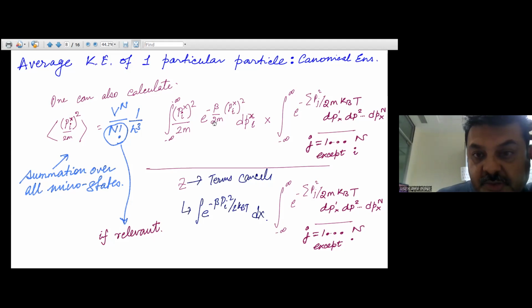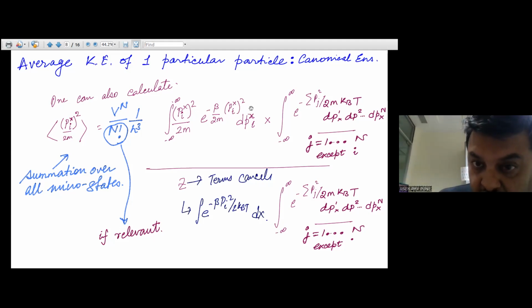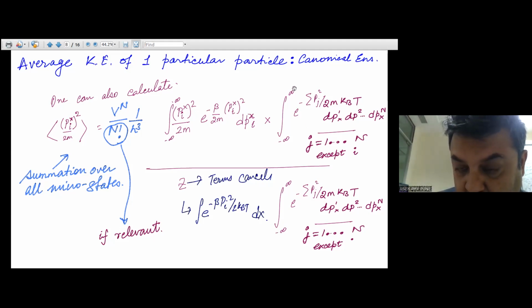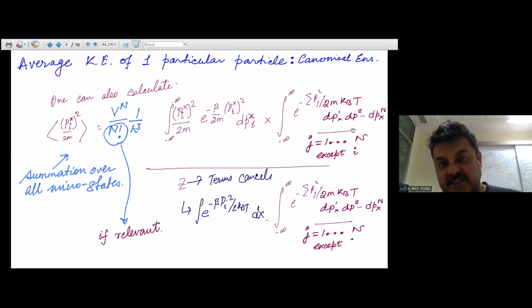The probability of that microstate can be written as e to the power minus beta times (px squared by 2m plus all possible other degrees of freedom), integrated from minus infinity to plus infinity, so dpx times all other degrees of freedom, for all particles, and so on.